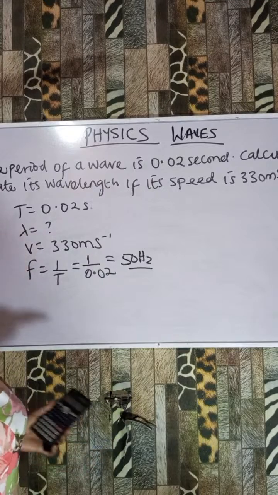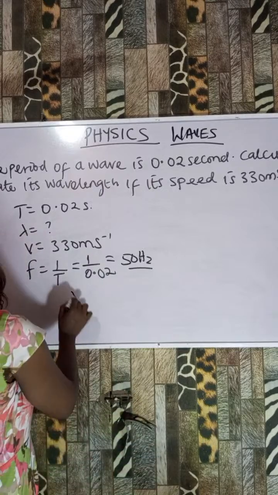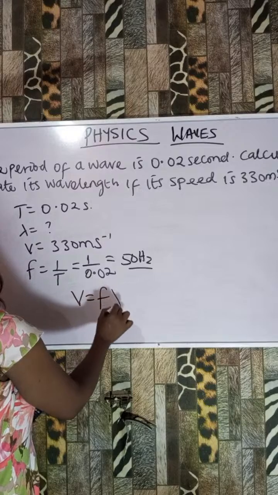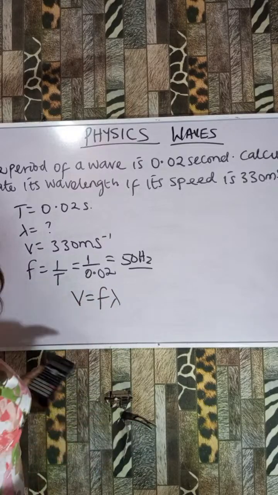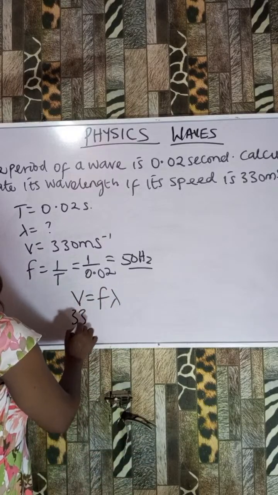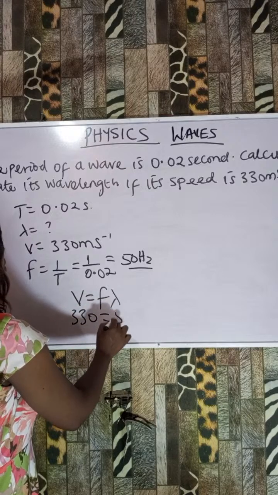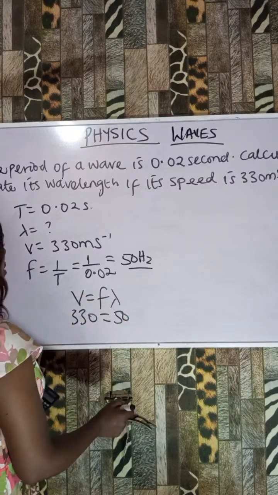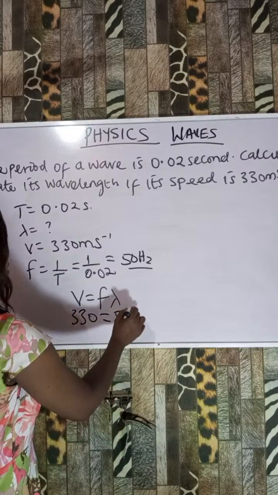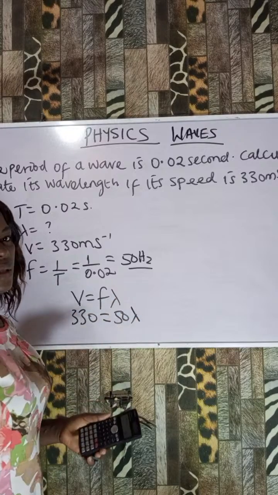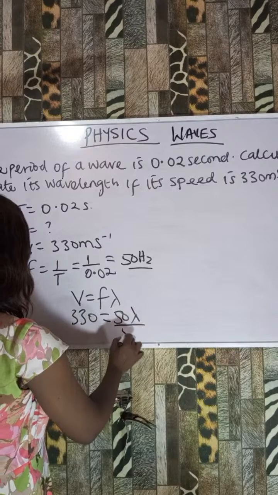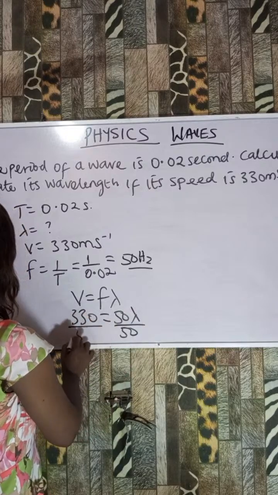Okay, now for us to get the wavelength, we're going to use this formula. I said that V is equal to F lambda, okay? So what's my V? I have 330 is equal to my frequency, 50, multiplied by lambda. So just divide both sides by 50.